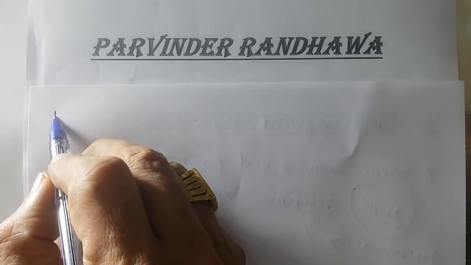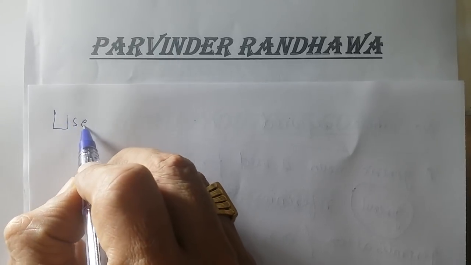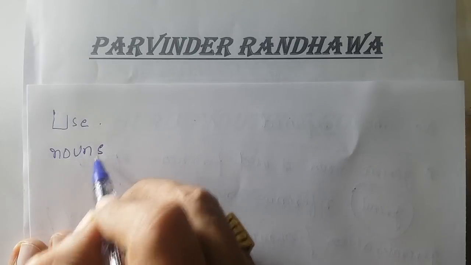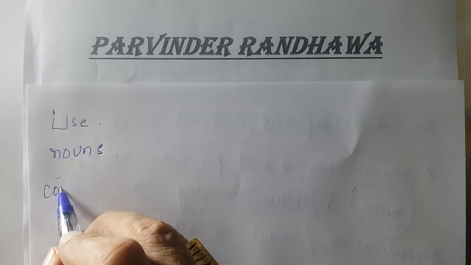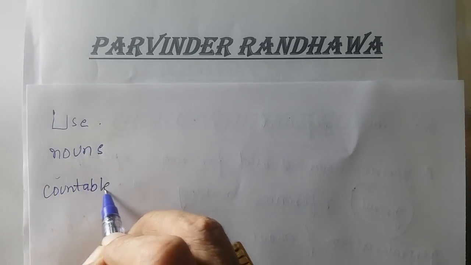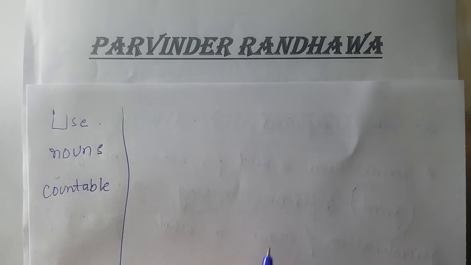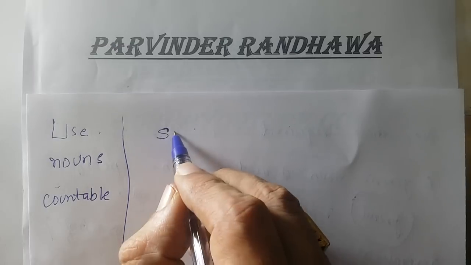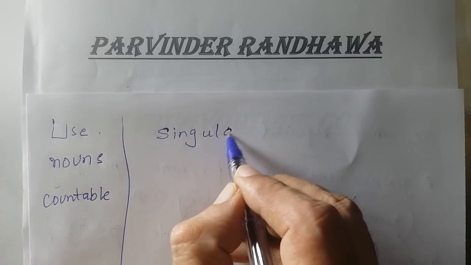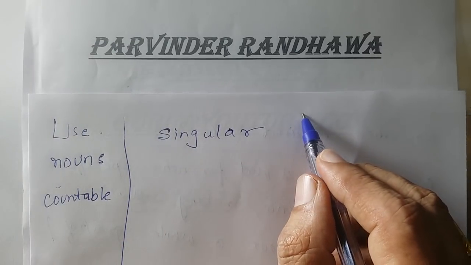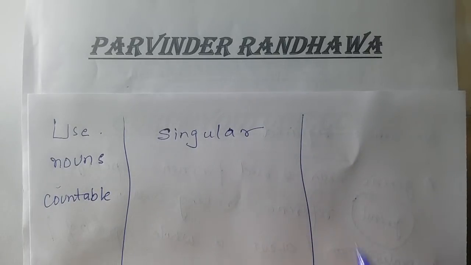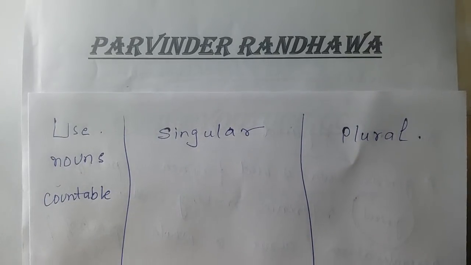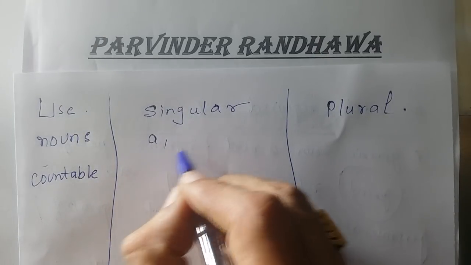Now I am going for the use here. Noun, or nouns, I am writing countable. After this I am writing singular, and after this, a or an.